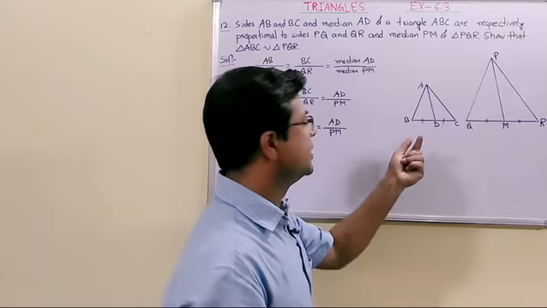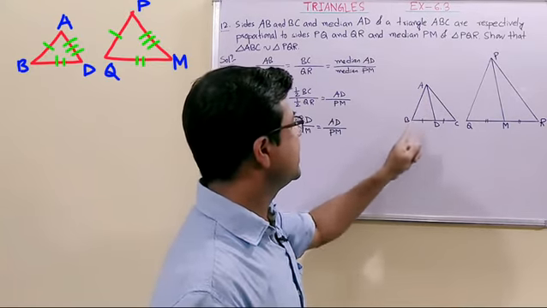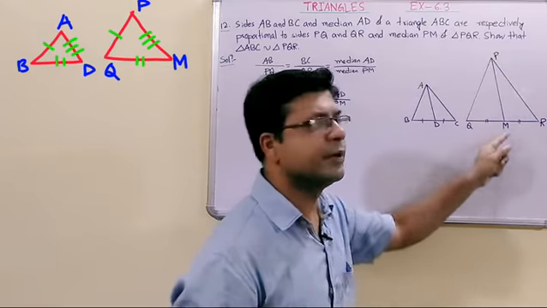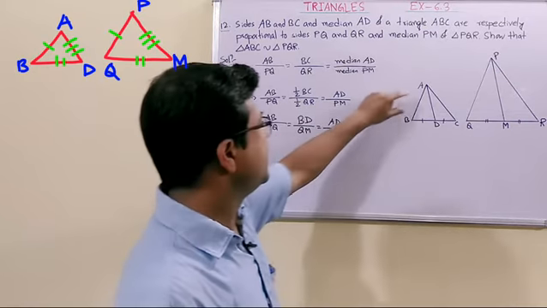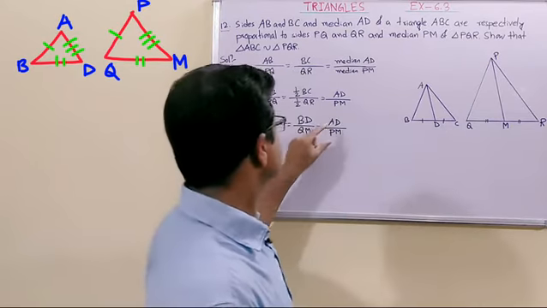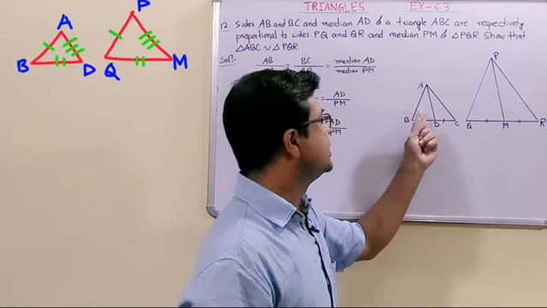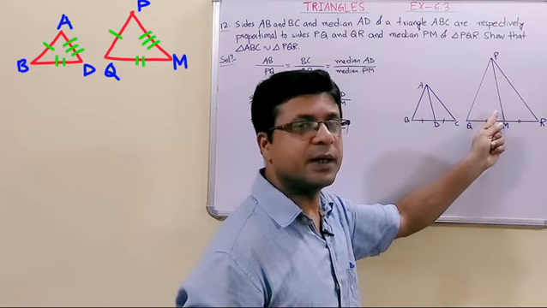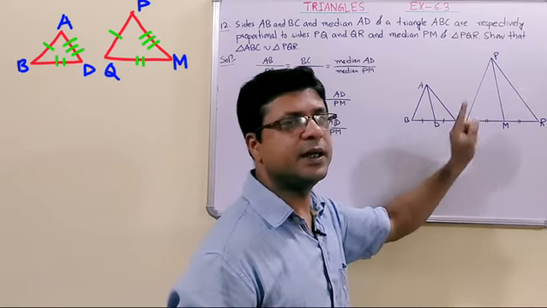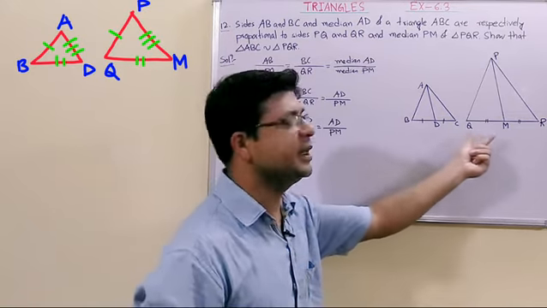Now please concentrate here. In triangle ABD and triangle PQM, we have proved that AB by PQ is equal to BD by QM is equal to AD by PM. So these two triangles are similar by SSS similarity criteria. That's why we have taken half to get this BD and QM here.